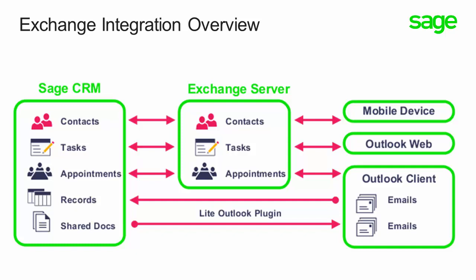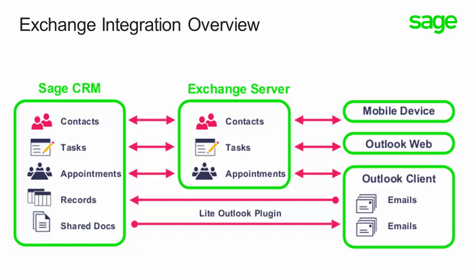So, for example, if a sales manager schedules a meeting on the phone, it's going to trickle through into Exchange, and then it's going to appear inside Sage CRM. There doesn't need to be anyone opening up their laptops or devices to synchronize. As soon as they go into their clients or their browser, it's there.